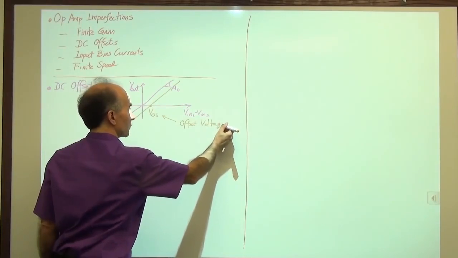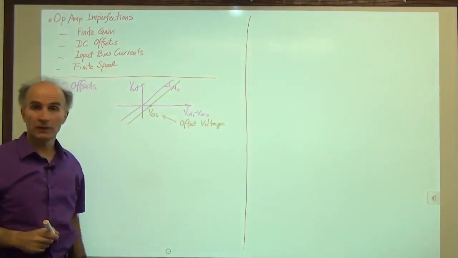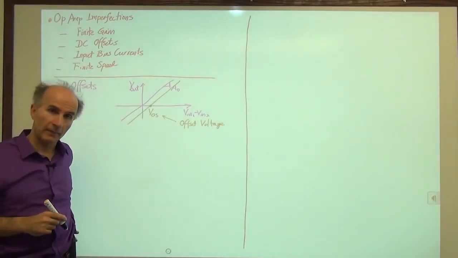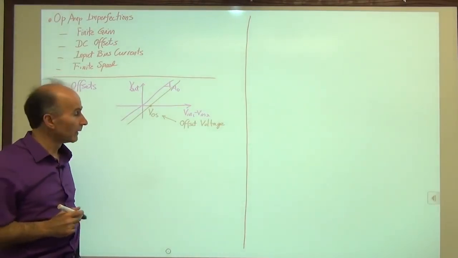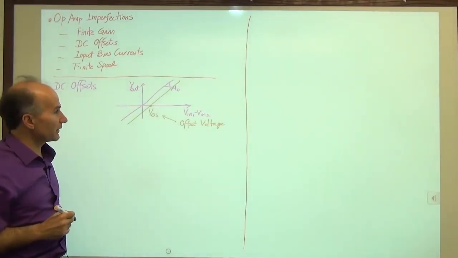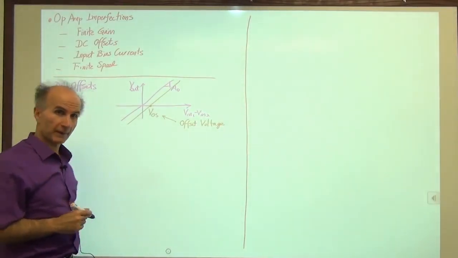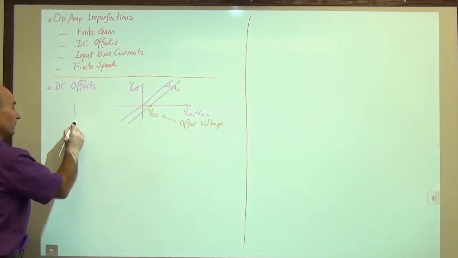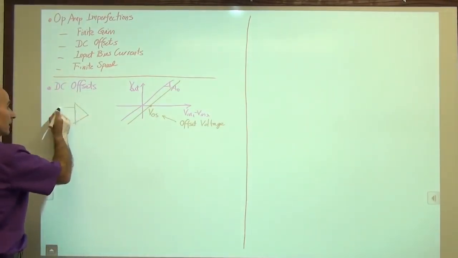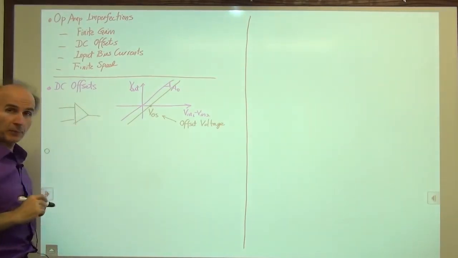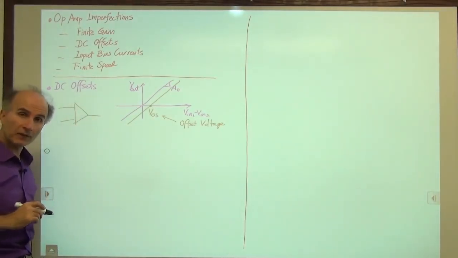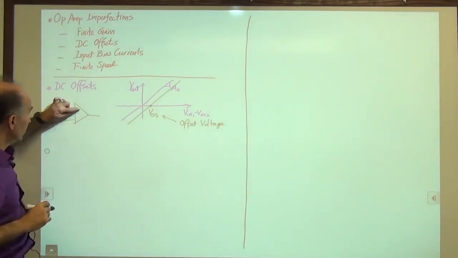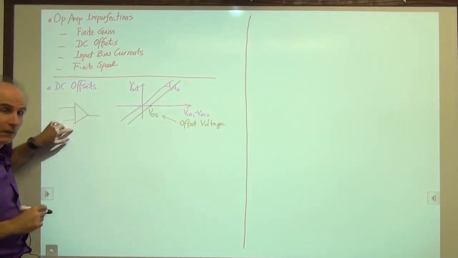Now that's strange, right? Why does this happen? We didn't see this before when we studied op-amps as a black box. Well, this has to do with the manufacturing process. So far, we have assumed that this op-amp has perfectly symmetric circuitry, starting from here and starting from here, right?